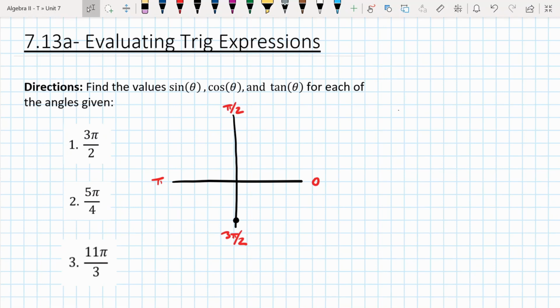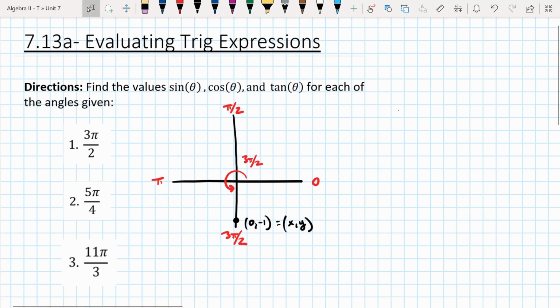This location will have a coordinate point of (0, -1), because remember that the radius of the unit circle is 1. So we are 1 unit down from the origin here. Because it has a coordinate point of (0, -1), that will give us the x and y values. So the x value in this case is 0, and the y value is -1. And so this is 3 pi over 2 radians.